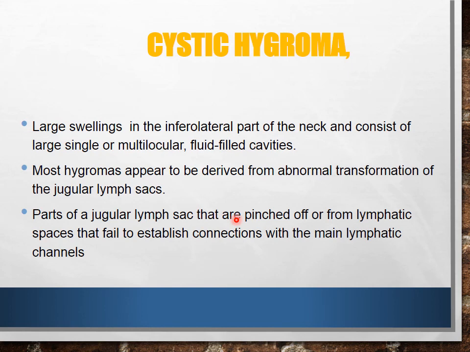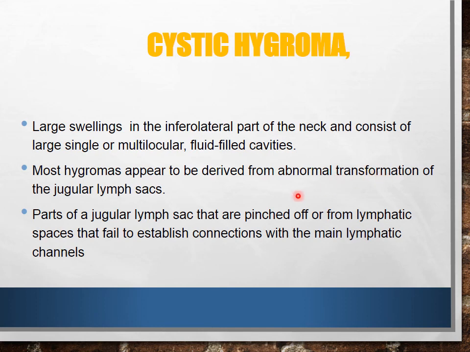Mostly the jugular lymph sacs form the cystic hygroma in the inferior lateral part of the neck, and here they become large, multilocular and fluid filled because of the fluid present in that cyst, and they lose their connection from the rest of the lymphatic channel.